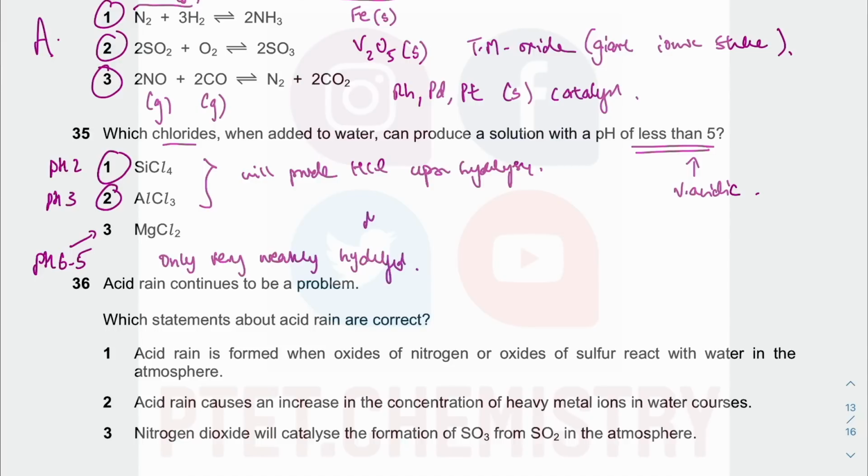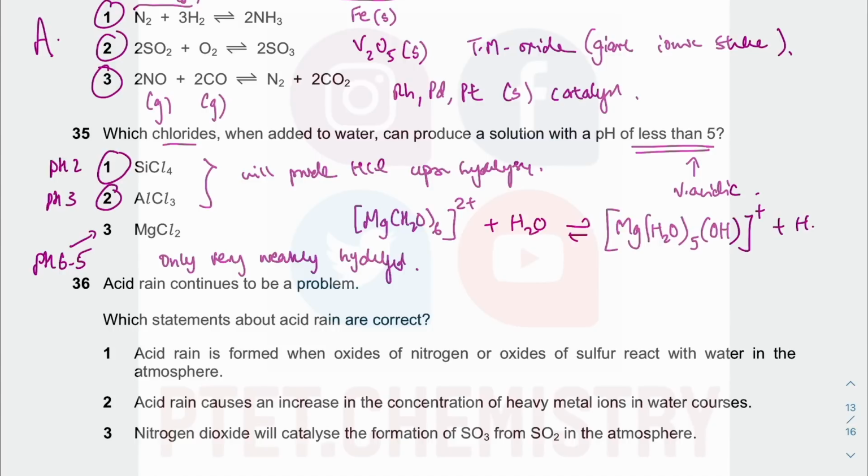If we think about it, you have Mg(H2O)6 2+, and then in the presence of water, you can get this equilibrium where you get Mg(H2O)5 OH+. Now one of the waters loses the H+, so you have OH- and Mg2+, and you get H3O+.